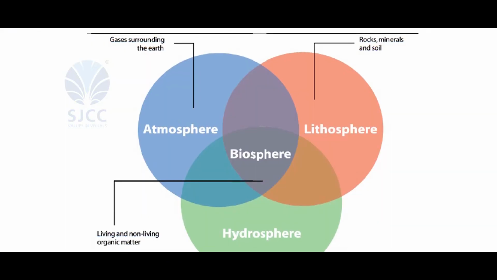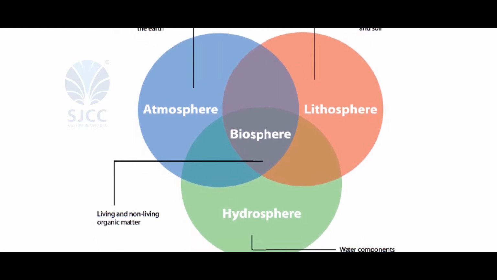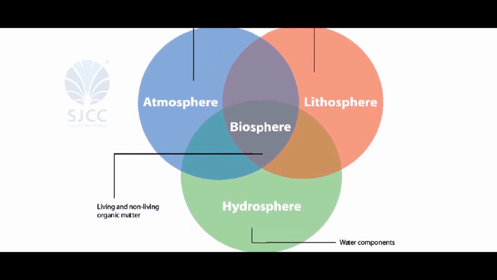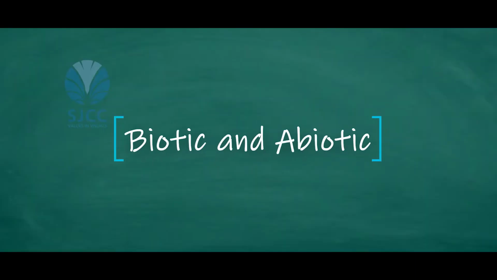Biosphere consists of living organisms from human beings, animals, plants, bacteria and other multicellular and unicellular organisms. Biosphere, as we have seen earlier, is in contact with all other spheres like hydrosphere, atmosphere and lithosphere. If we look at types of environment, there are two types, abiotic environment and biotic environment.